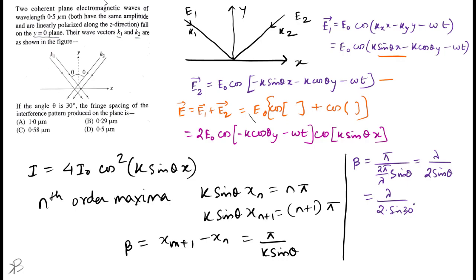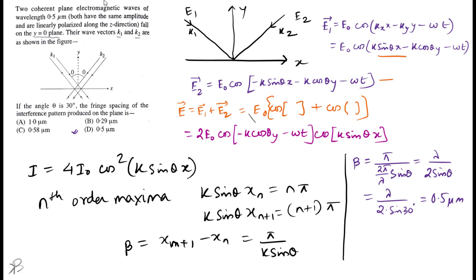So sine 30 is half, so the 2 gets cancelled, equal to lambda. So this is basically the value of lambda itself, which is 0.5 micrometer. So option D is the correct answer.